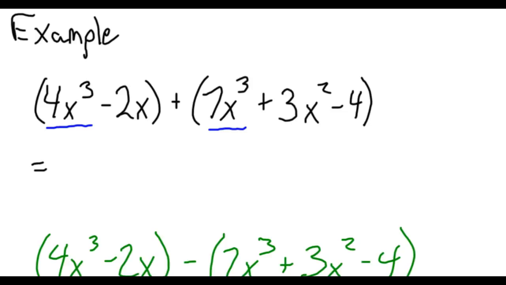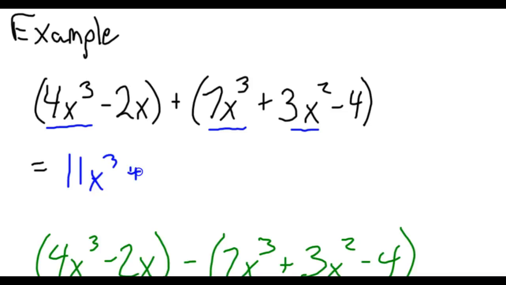So if we add those together, 4 plus 7, we have 11x cubed. Next, we're going to find the next highest degree. The next highest degree, if we look, is an x squared, and that is the only term we have.